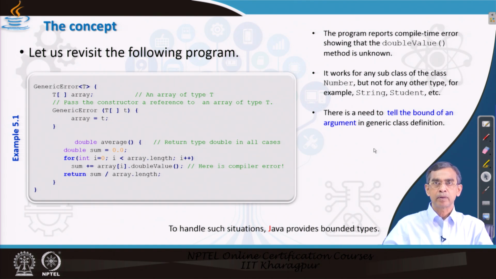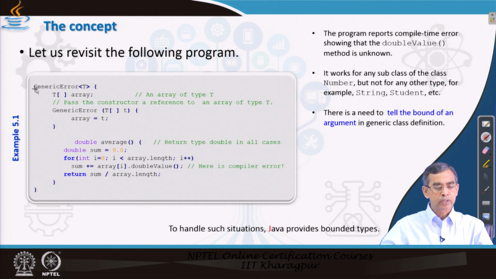If you want objects of a particular type to access a method which is not defined in that class, then it will give a compilation error, as we saw in the last example.